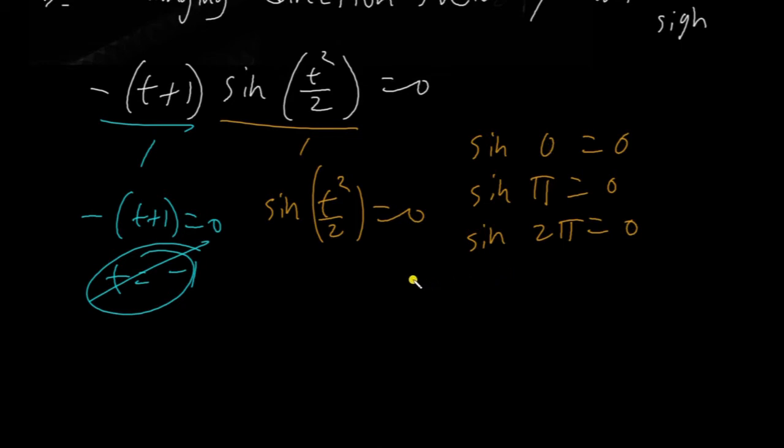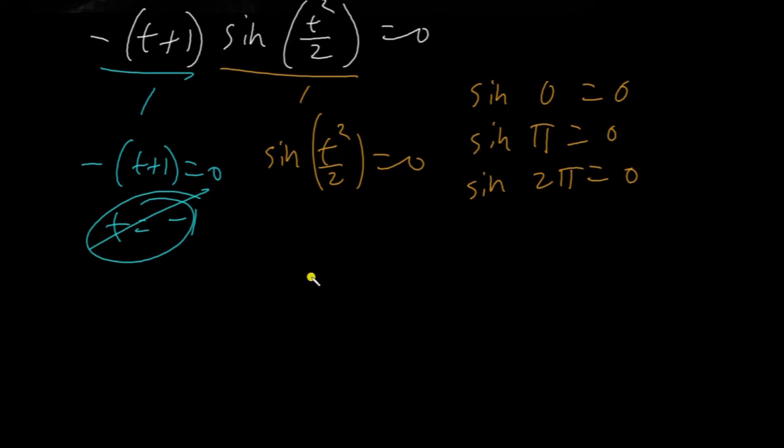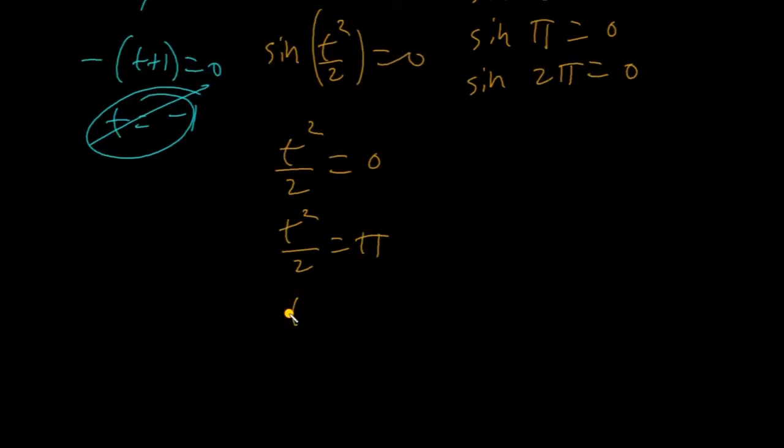But when we go that far, we're probably going to be exceeding the maximum t value of 3, right? So let's just stop with this for now. So we know that t squared over 2 could be equal to 0. We know that t squared over 2 could be equal to pi. And we know that t squared over 2 could be equal to 2 pi, right? Because then that would make sine of that 0.